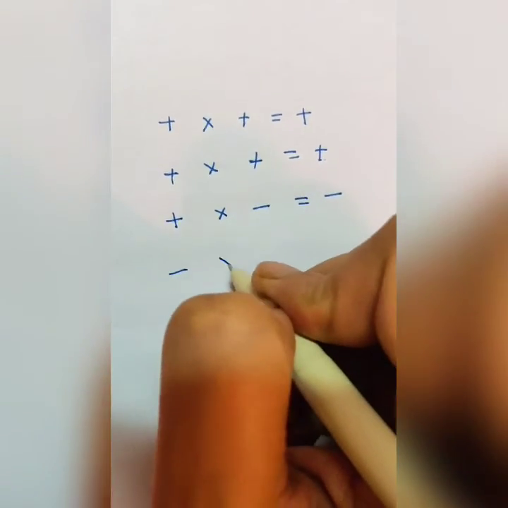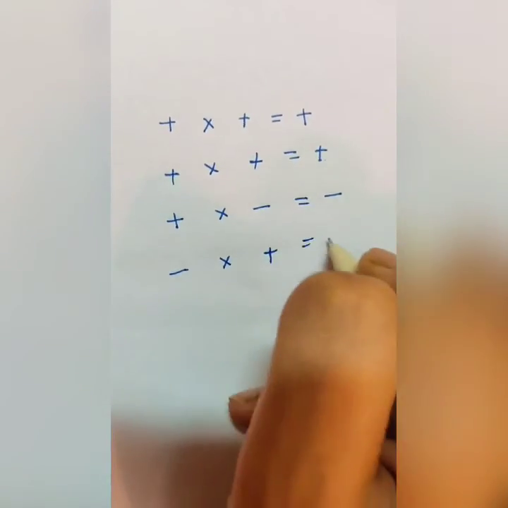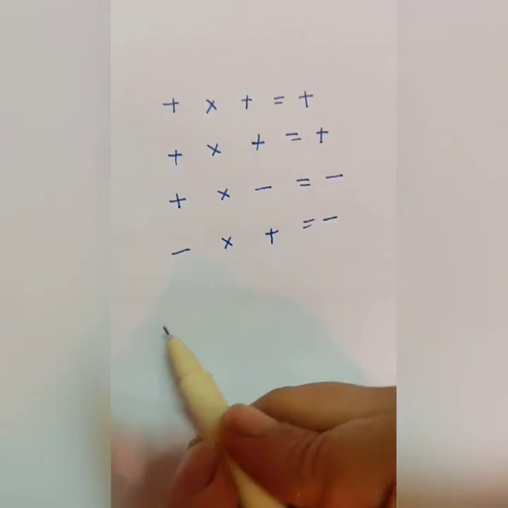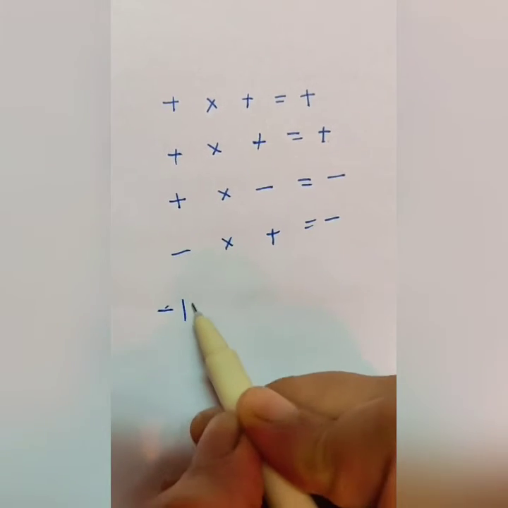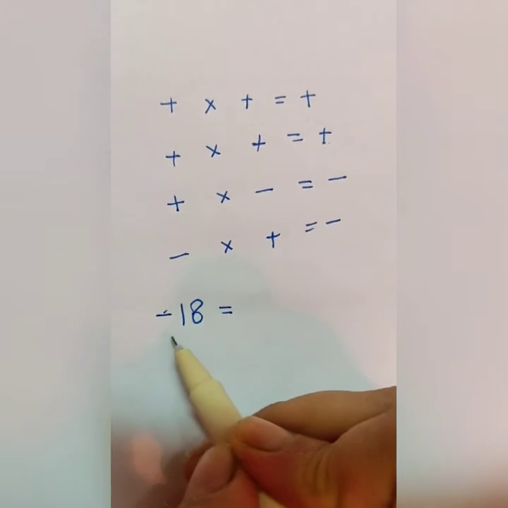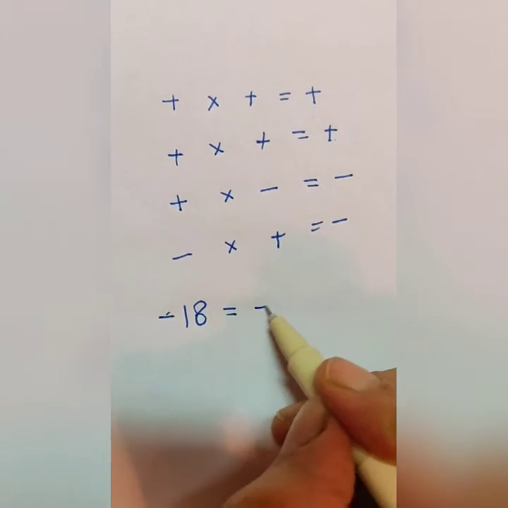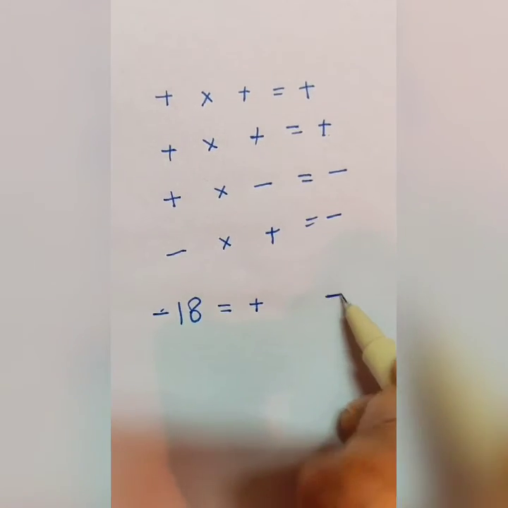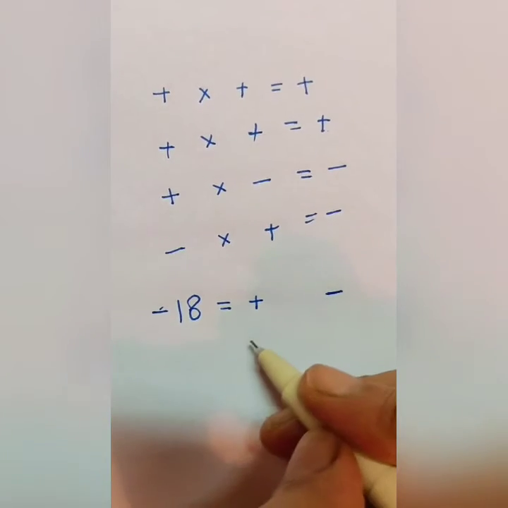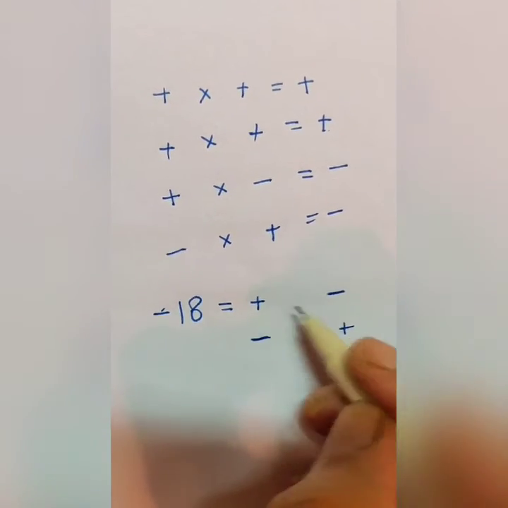If we are multiplying a minus and a plus, the answer is minus. So if we have to multiply two numbers and get minus 18, one number has to be plus and one number has to be minus.